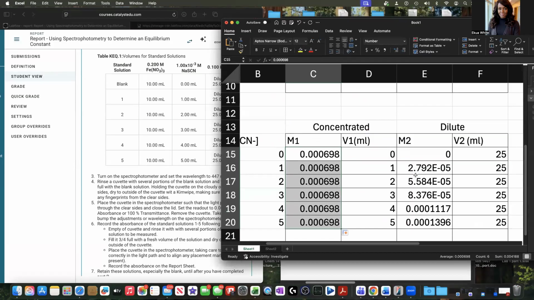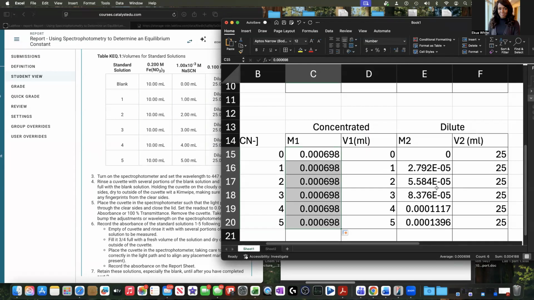Okay, I need to make some modifications here, y'all. Give me a moment, because these new numbers have changed my numbers to 2.792 times 10 to the power negative 5, 5.584 times 10 to the power negative 5, 8.376 times 10 to the power negative 5, then 1.117 times 10 to the power negative 4, and the last one is 1.396 times 10 to the power negative 4.